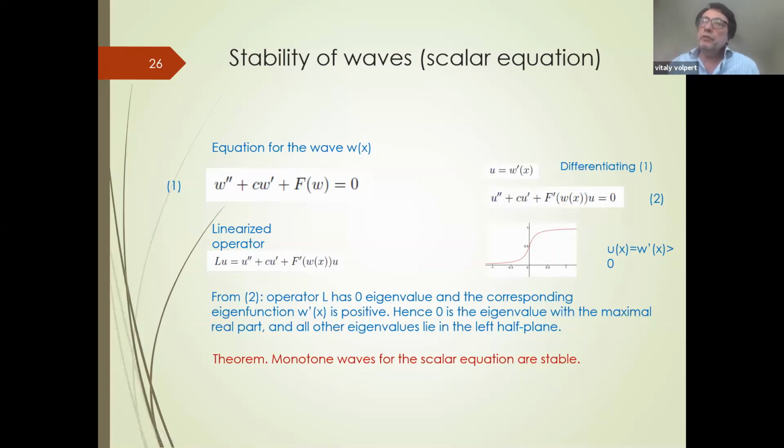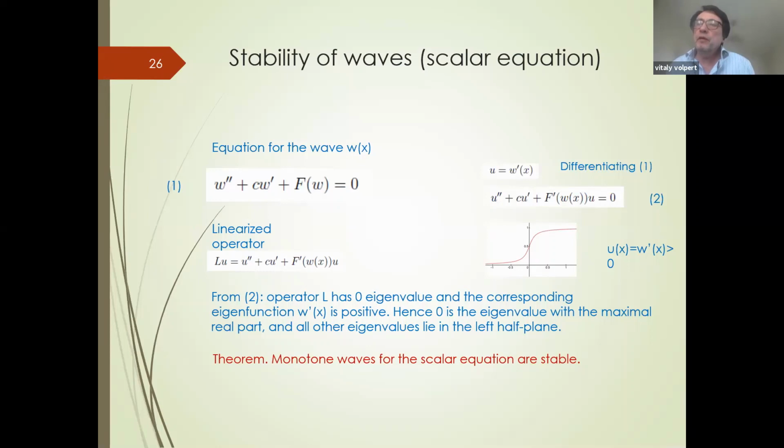All other eigenvalues lie in the left half plane, and in fact, the whole spectrum. I don't discuss, of course, all details here. We should remember that we consider elliptic problems in unbounded domains. We have here essential spectrum. We should also verify the location of this essential spectrum.